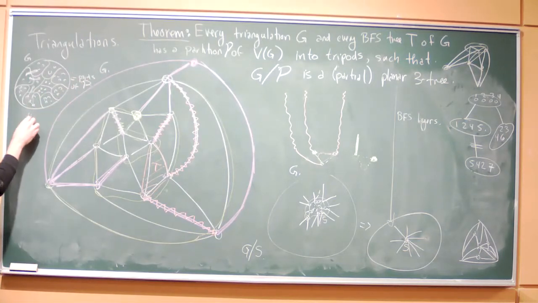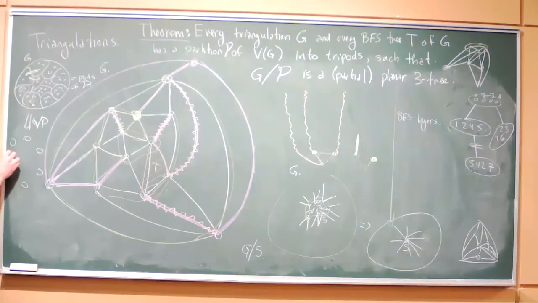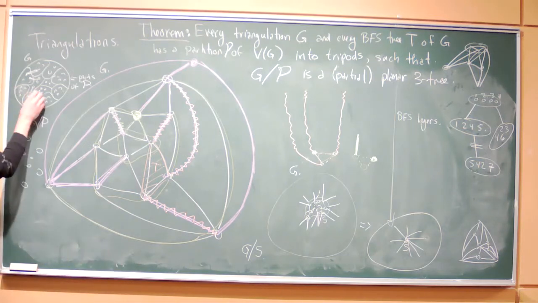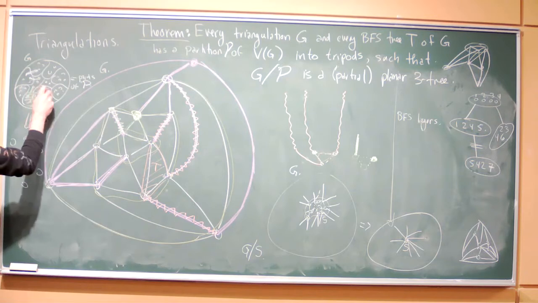Then I do G divided by P, and I get some graph that has one thing for each part. And there's an edge between two things in the contracted graph if and only if the corresponding parts have an edge between them. So, for example, there's a green part here and a pink part.